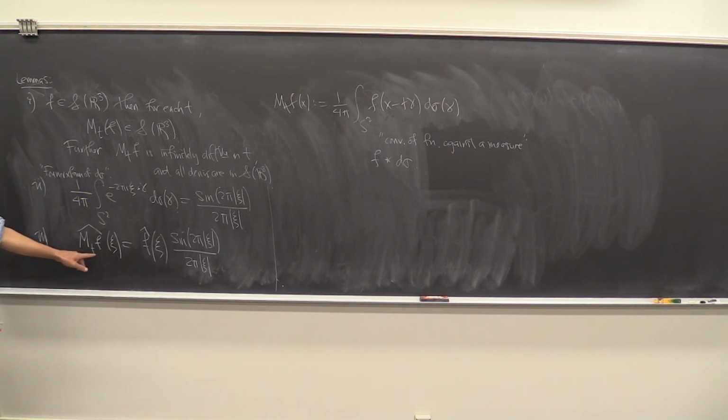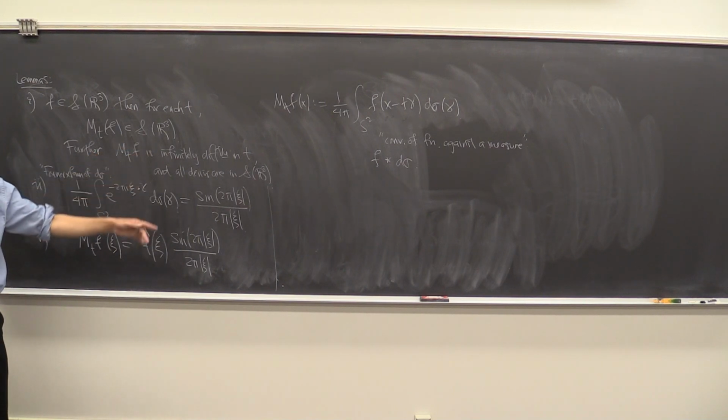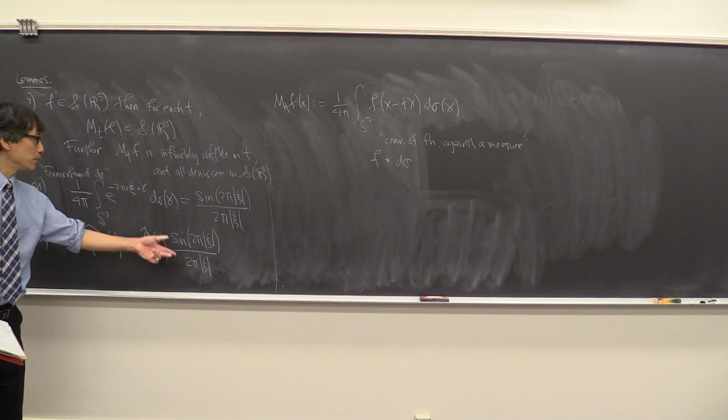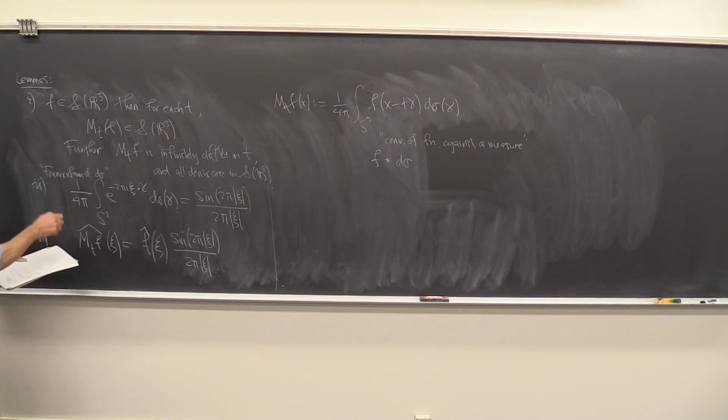What this last lemma is saying is that when you take the Fourier transform of the convolution, you get the product of the Fourier transforms, so you get f hat against d sigma hat. Okay, so that's what's going on here.